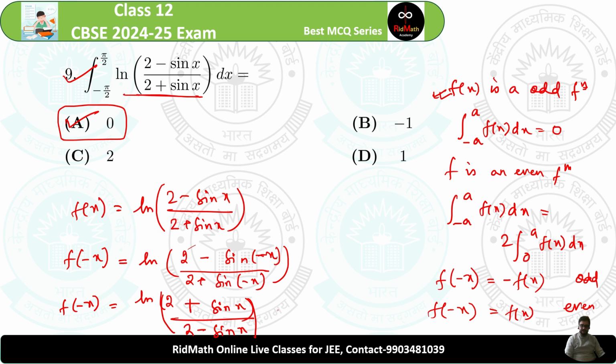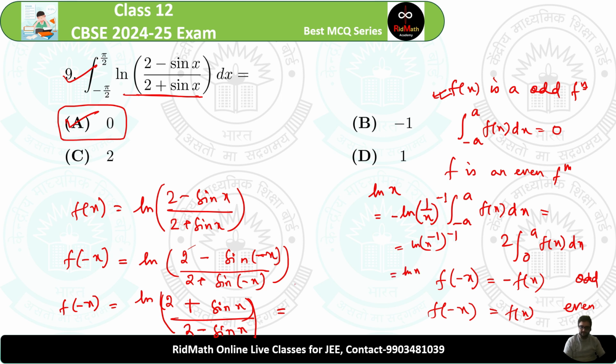And again we know that ln x equals minus ln 1 by x, because the minus sign goes in the power: ln x to the power minus 1, whole to the power minus 1, that means ln x.